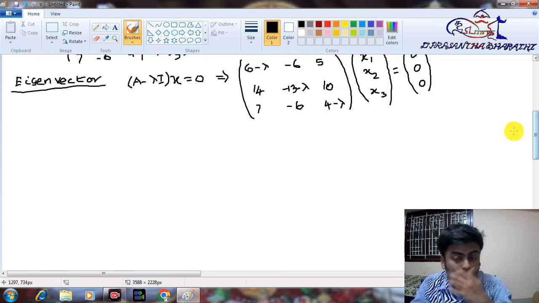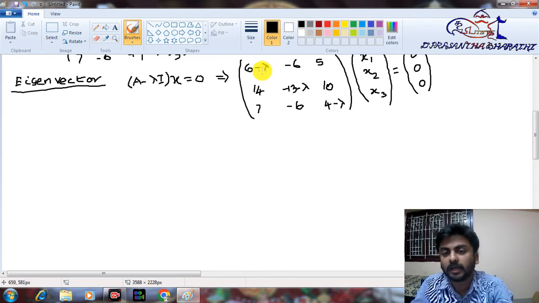So we have to substitute the lambda value. Since all 3 lambdas are repeating, one lambda value is repeated 3 times, we can substitute only that lambda value. So substitute lambda equal to -1.